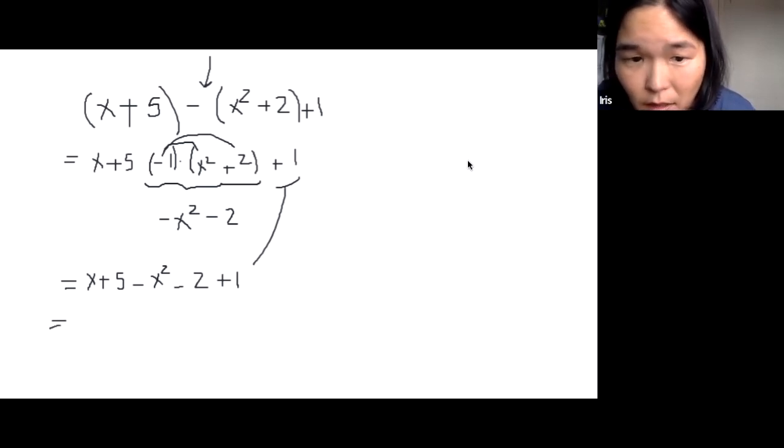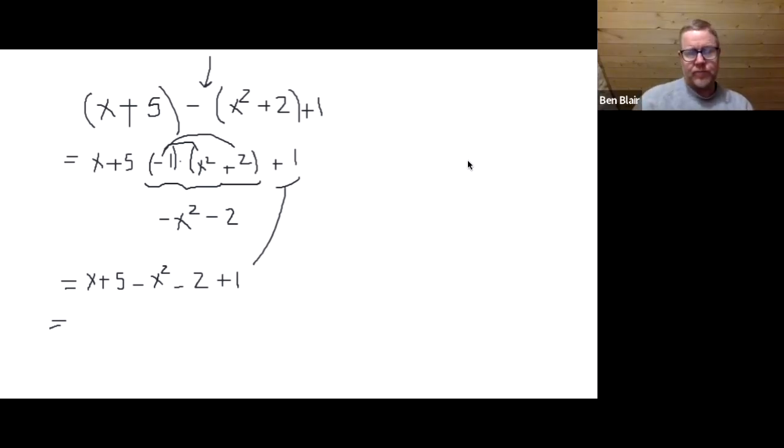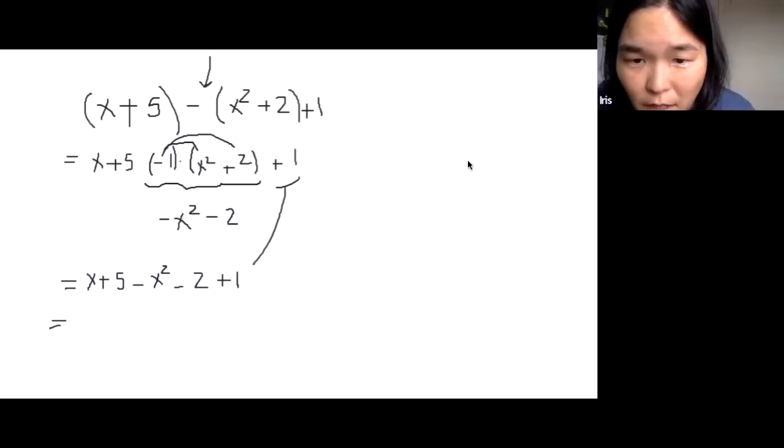Let me change colors. This one here is the only one that has an x squared, right? So it goes alone. It's just going to be -x squared. And then x, how many x's do I have? I only have this one as an x, so it goes plus x.